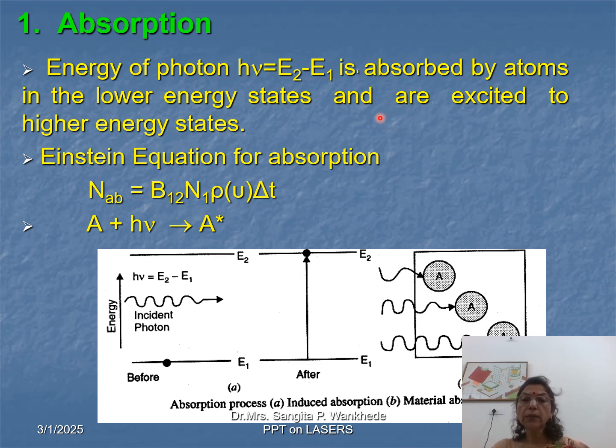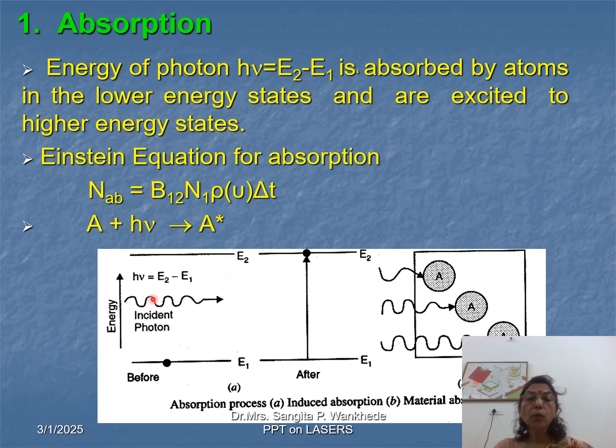Actually any solid consists of a large number of atoms, and these atoms are characterized by energy levels. For our discussion we will consider two energy levels: E1, the lower level, that is the ground state, and E2, the upper energy level, that is the excited state.